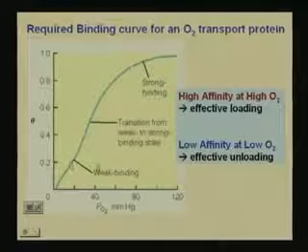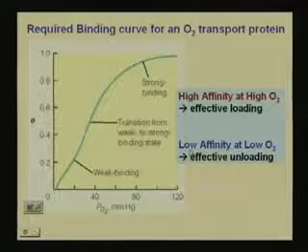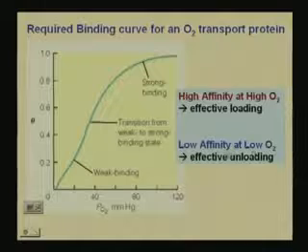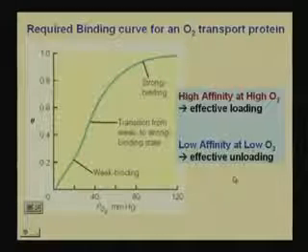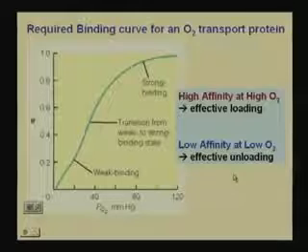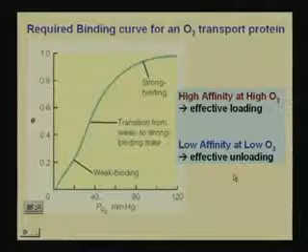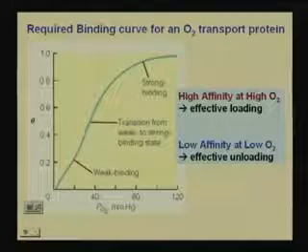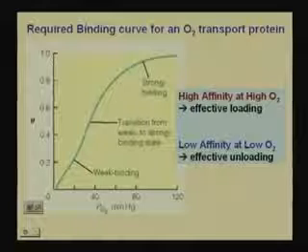When we're at this stage, we have low affinity at low oxygen levels, which means it is effective in unloading the oxygen. Okay? So that is the optimum that the hemoglobin can do.